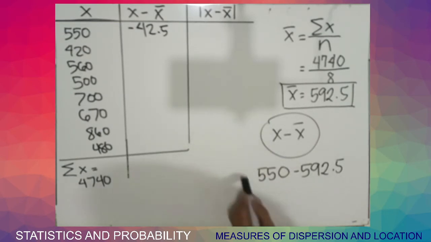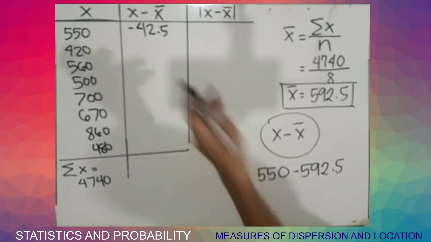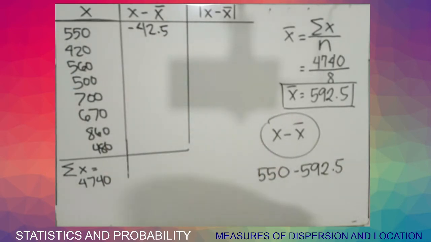Okay, since yung ating 550 ay less than 592.5. So, kaya negative yung lumalabas na sagot. Pero pag mas mataas na yung x natin kaysa dun sa x bar, yung ating sagot dito ay positive. Okay?